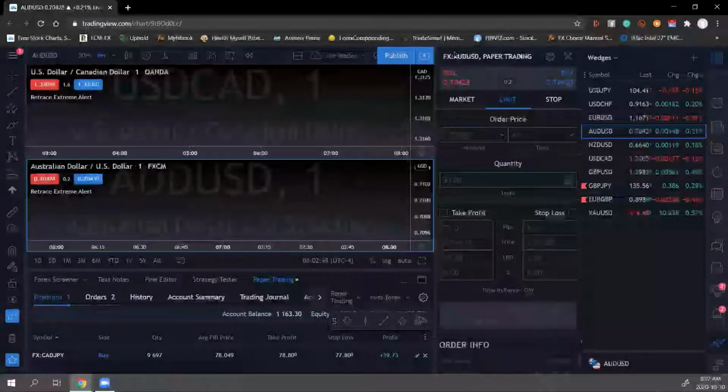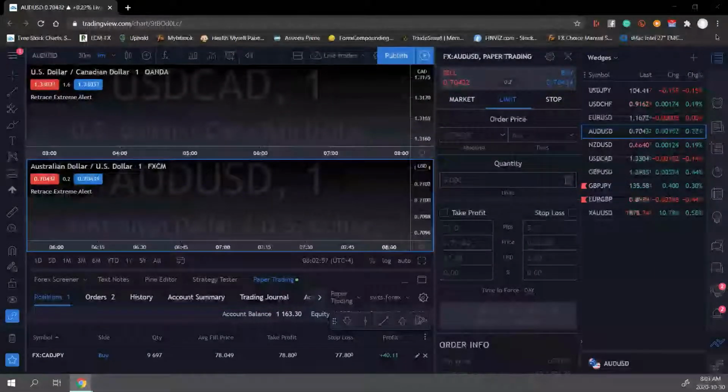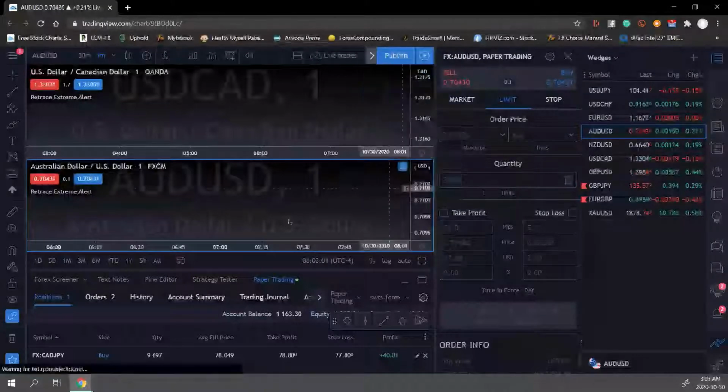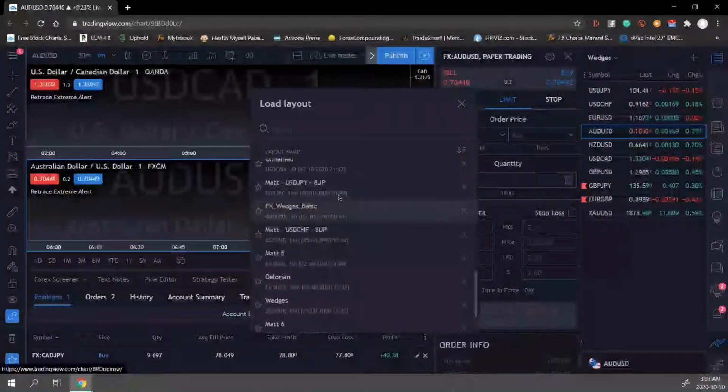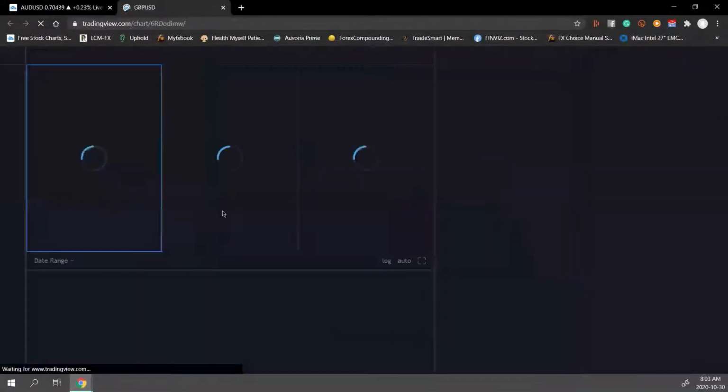Just a sec here. I'm going to hide this pop-up. Hide floating. There we go. Give me just another second. Live trades. Little charts. Let's do wedges basic.